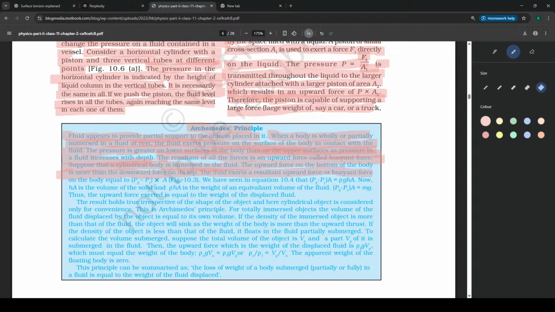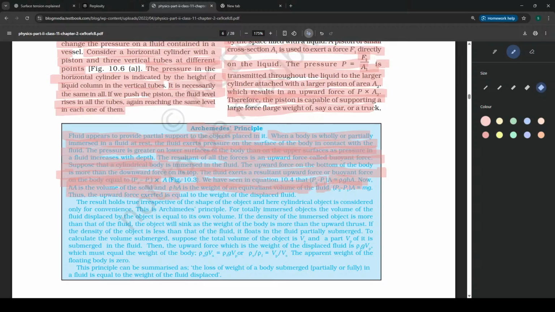The fluid exerts a resultant upward force, or buoyant force, on the body equal to P2 minus P1 into A. We have seen in equation 10.4 that P2 minus P1 is equal to rho g h, that is the liquid element, where hA is the volume of the solid and rho hA is the weight of the equivalent volume of this fluid.